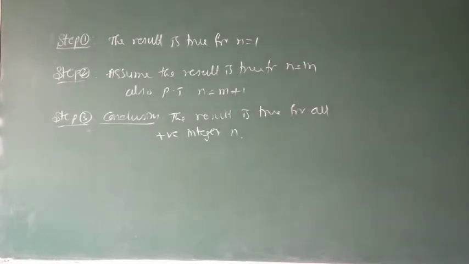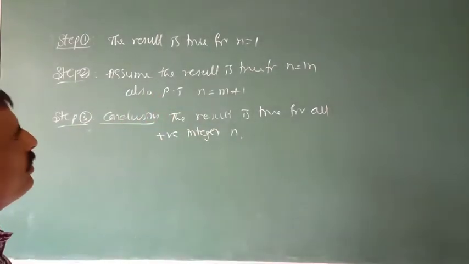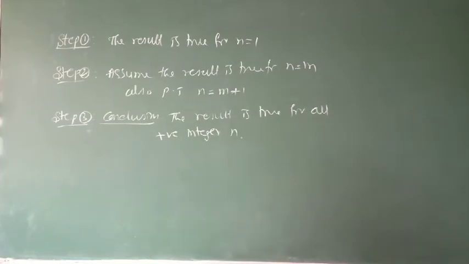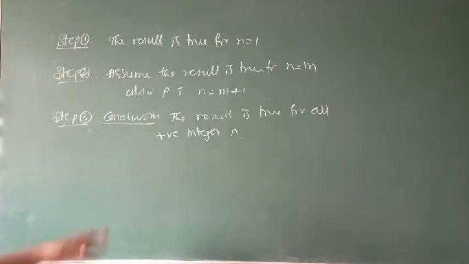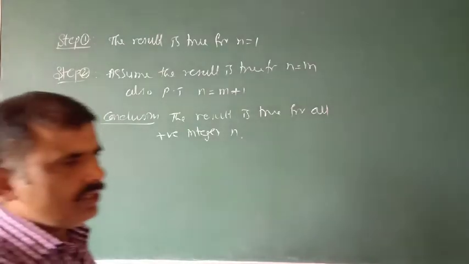Step 1 is the result is true for n is equal to 1. Step 2 is assume the result is true for n is equal to m. Also prove that n is equal to m plus 1. Step 3 is the conclusion. The conclusion is the result is true for all positive integers n.